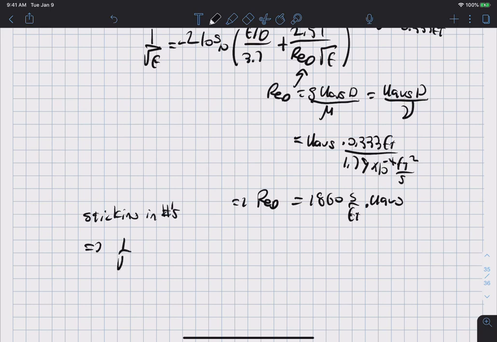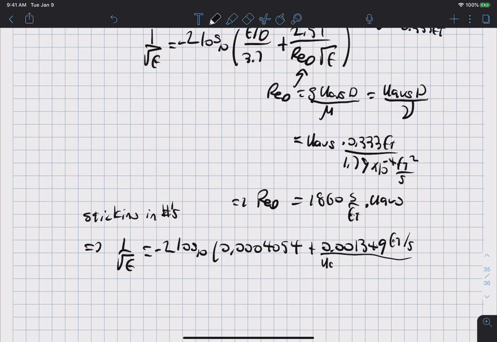This implies that 1 over the square root of F equals minus 2 log base 10 of 0.005054 plus 0.001349 feet per second divided by U averaged times square root of F. This is one equation.